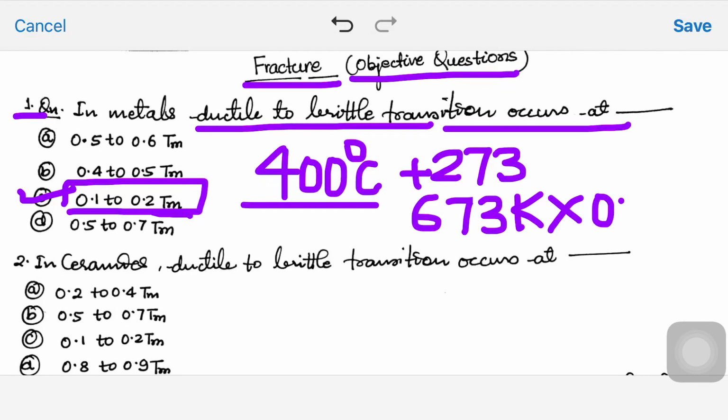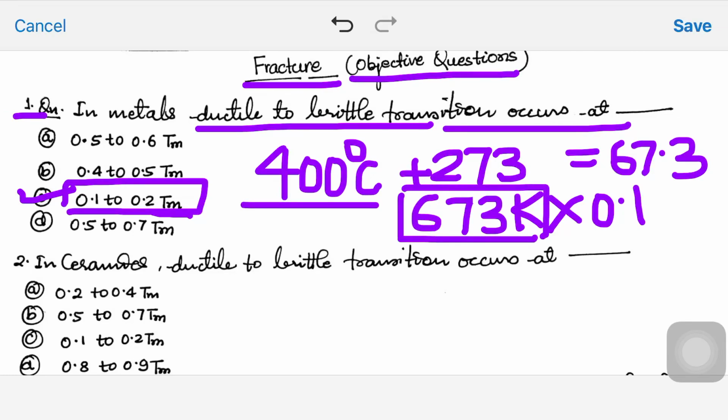So 0.1 is approximately 67.3. Okay, so around 0.1 to 0.2 of this temperature will be the temperature range for DBTT.